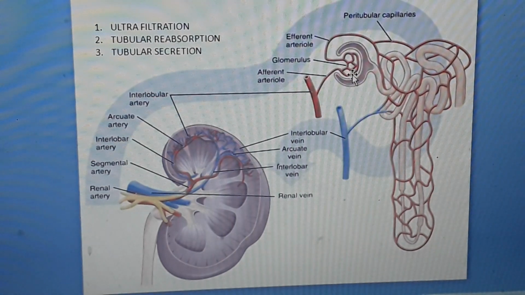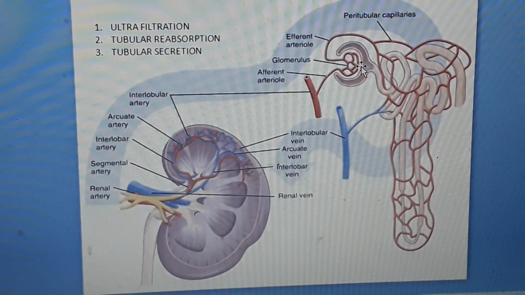Glomerulus is a network of capillaries and it has 3 layers, and it also contains pores. Through these pores the filtration takes place and the filtrate is collected in this Bowman's capsular space.